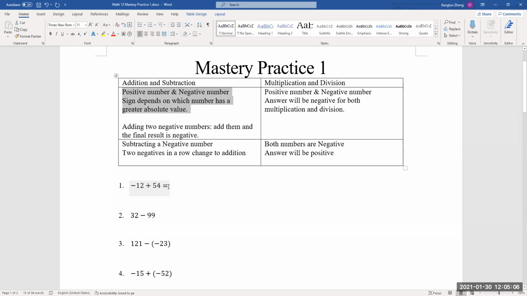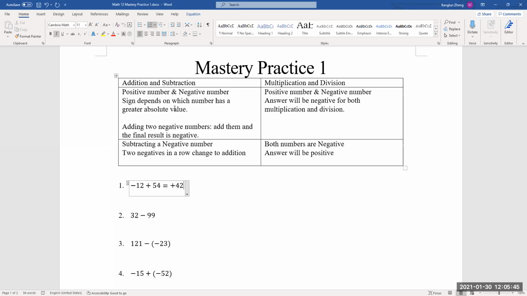Our result will be determined by whichever number has a larger absolute value. Between 12 and 54, of course, 54 is larger, which means our final answer will be a plus. So let's put a plus here right now. Then we also learned that we find the difference of the two numbers, since if you have two different signs, you subtract them. 54 minus 12, the difference of 54 and 12, is 42.